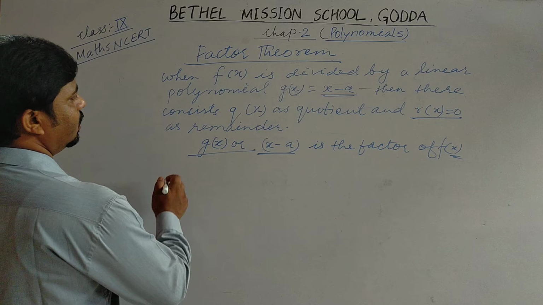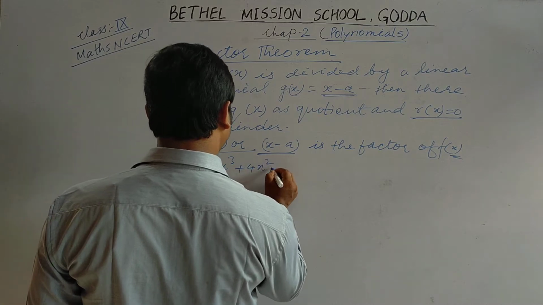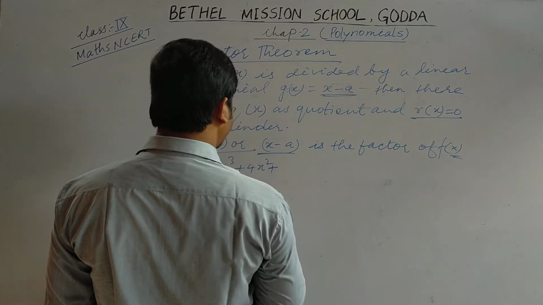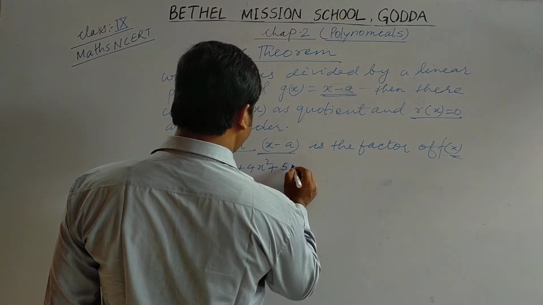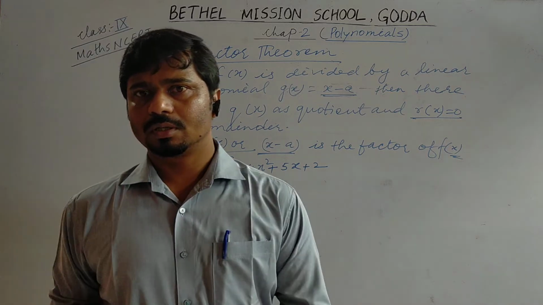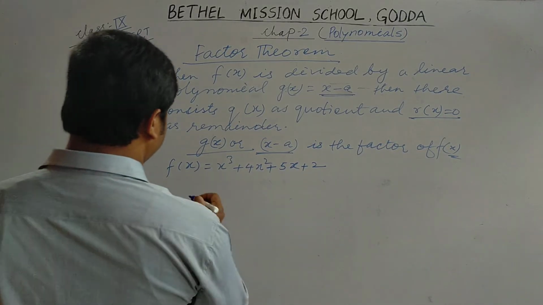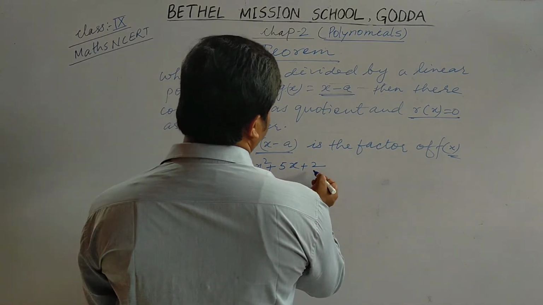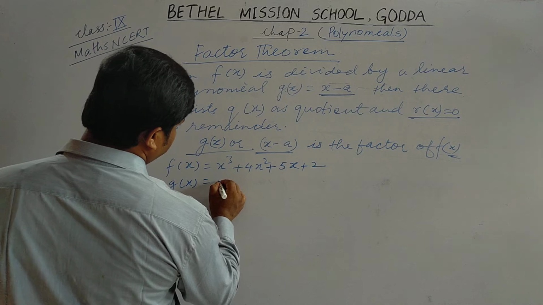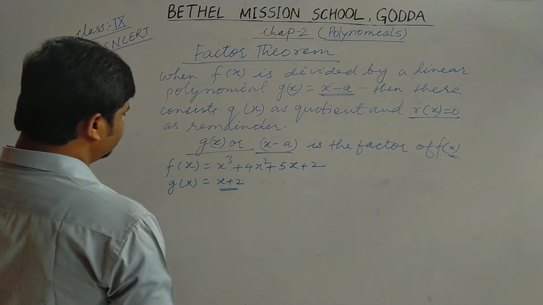To see how, f(x) is x³ + 4x² + 5x + 2, and g(x) is x + 2.